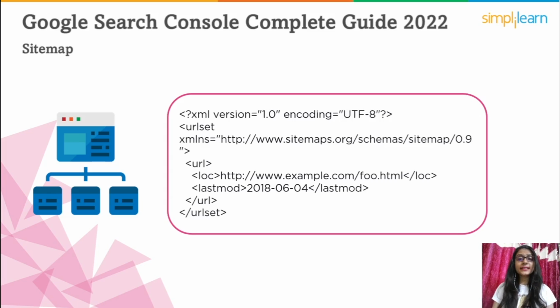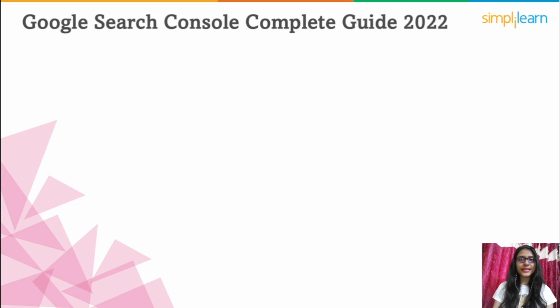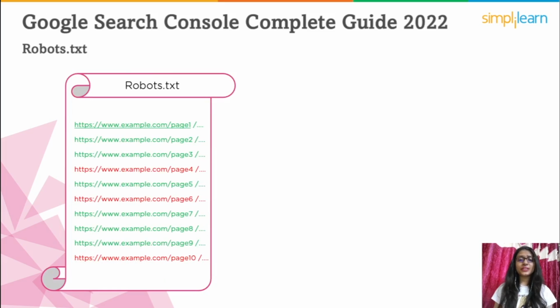So let's understand the robots.txt file in short. The robots.txt file notifies the web crawlers about the URLs that they can access on the website. As there are lots of search engines, there exist different web crawlers.